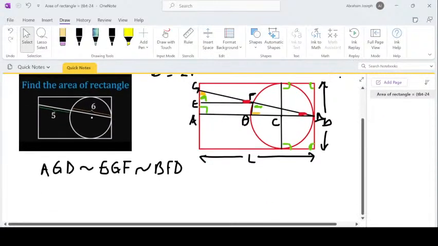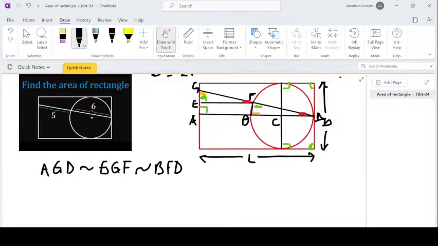So what I'm going to do is use my similarity ratio. I'm going to start with establishing similarity between EGF and BFD. Also, why we have to choose this triangle is because GF is 5 from the diagram.